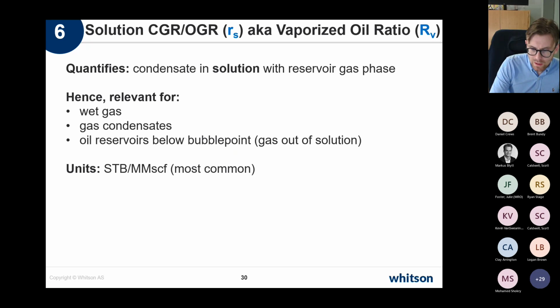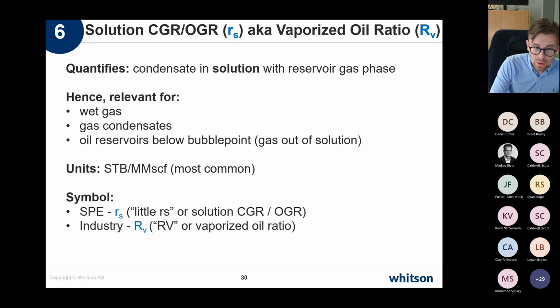The units are barrels per million, and there is a symbol. The reason we include both here is just to make sure we're SPE compliant. SPE uses little rs when referring to the solution CGR or OGR, that is, condensate gas ratio or oil gas ratio.